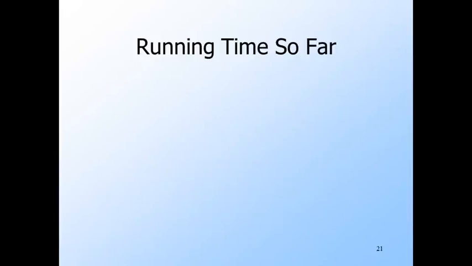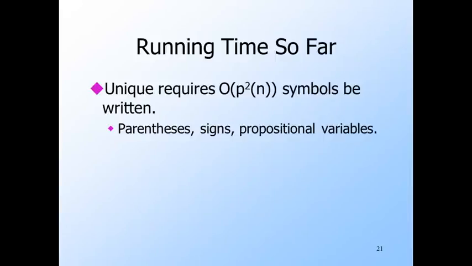Now let's see how long it takes to write down the three of the four expressions we have described. Remember, we have yet to describe the hard one, moves right. Unique is actually the most time consuming. It requires that we write down big O of p squared of n symbols. The p squared comes from the fact that we range over all i and j between 0 and p of n.